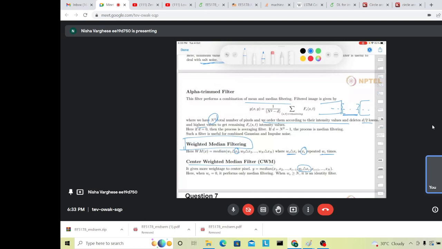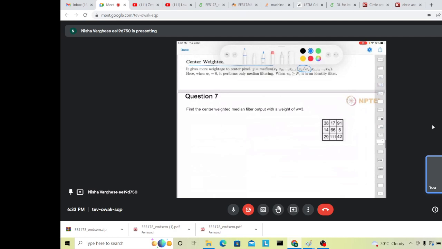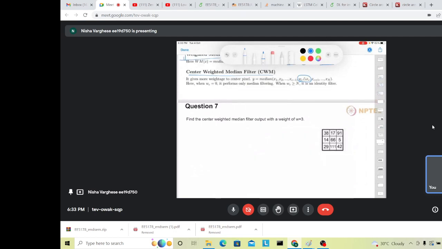Then question 7: find the center weighted median filter output with a weight of W equal to 3. The center weighted median filter Y is equal to the median of x1, x2, etc., and the center pixel will be weighted by WC. So we have these many pixels.